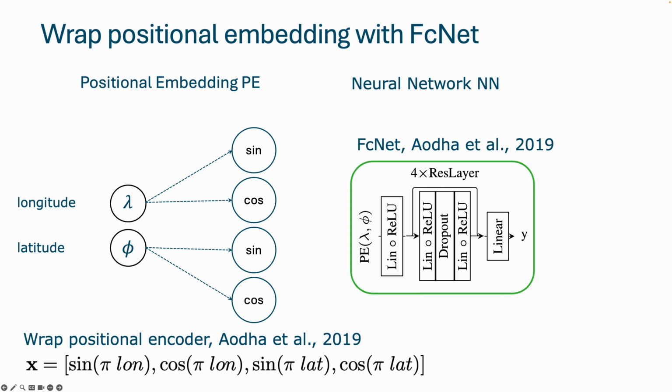That is a discontinuity that you really don't want, right? The world has no discontinuity at minus 180 degrees. It's just a sphere. So the easy fix is to use sine and cosine functions of longitude and latitude, and then you basically wrap the world around a cylinder, and that helps with the date line discontinuity.